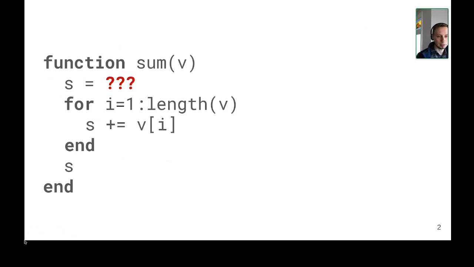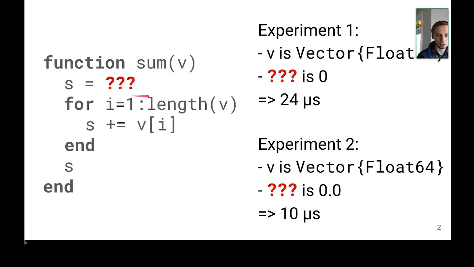In this code, I try to sum a vector of some kind of numbers. There is just a for loop that goes over the vector and sums it. The only bit that I leave out here is the initial value. I performed two experiments here. I replaced the question marks with the integer 0, and I ran the function with a vector of floats, and it runs in 24 microseconds.